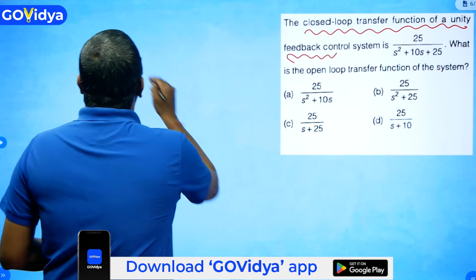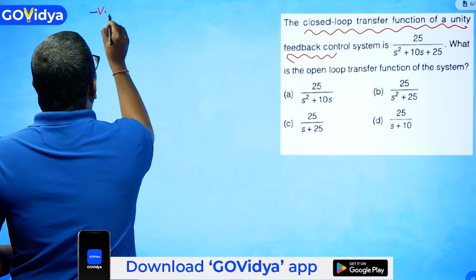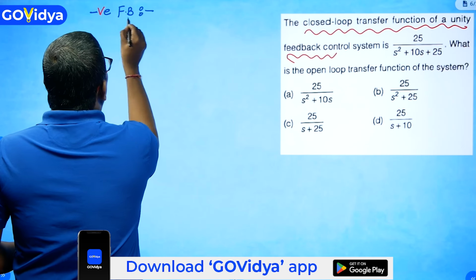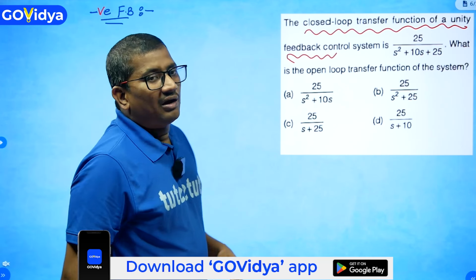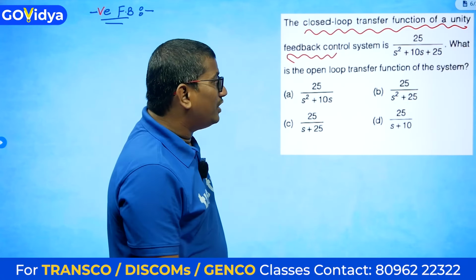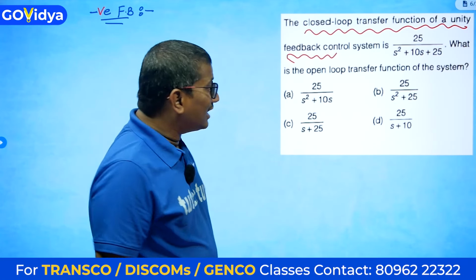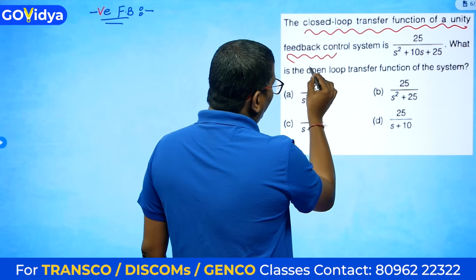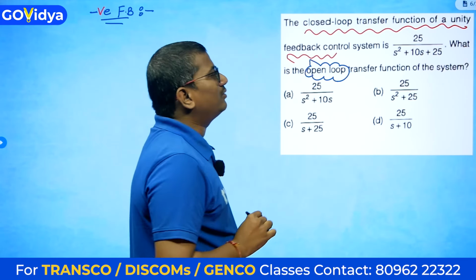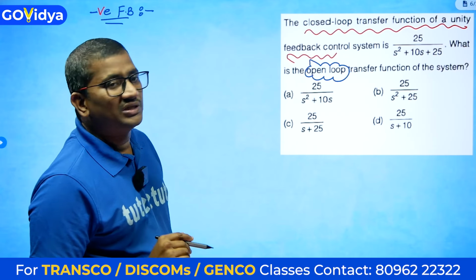All the time it is a negative feedback. Why? Because the majority of our systems are only negative feedback systems. Now what they're asking in the question is the open loop transfer function of the system.